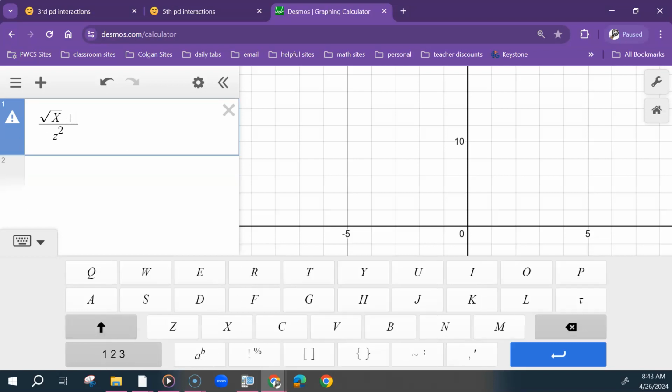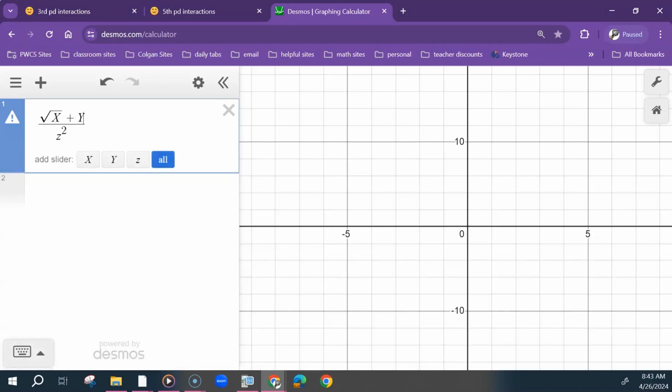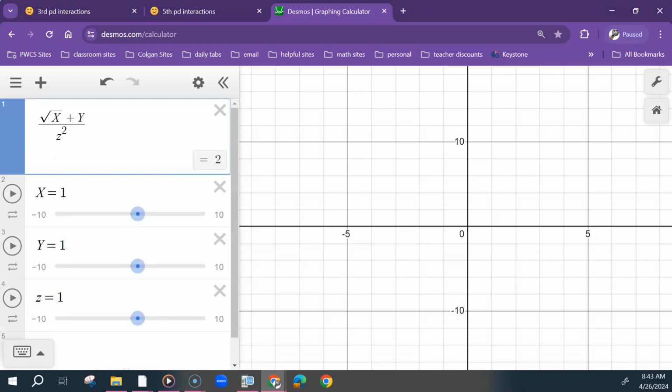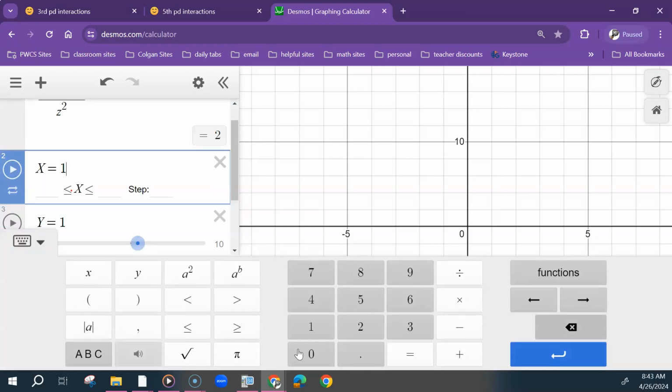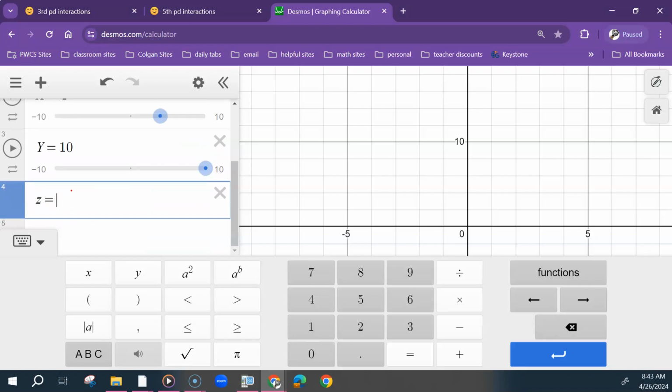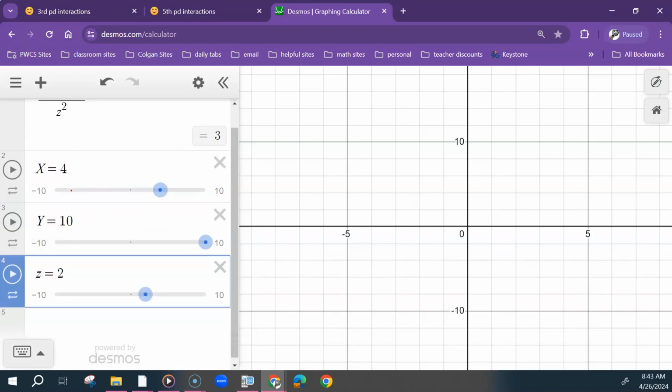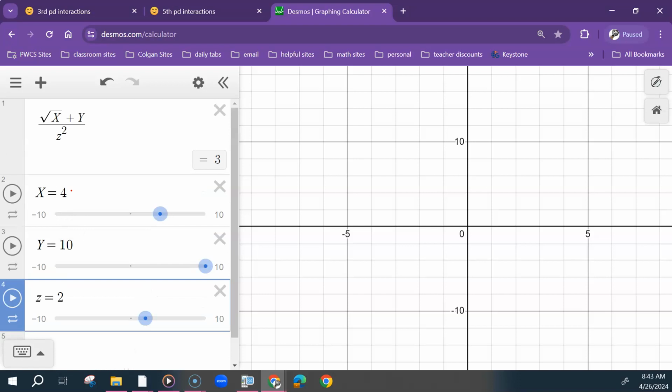And the line. So if I made x 4, y 10, and z 2, my answer would be 3.